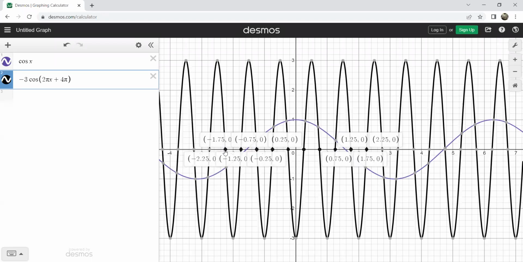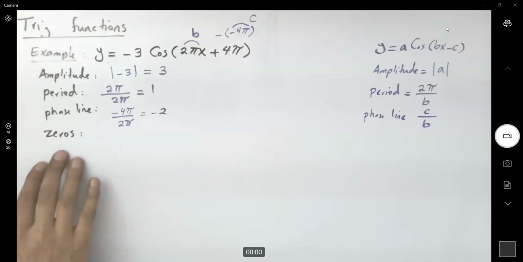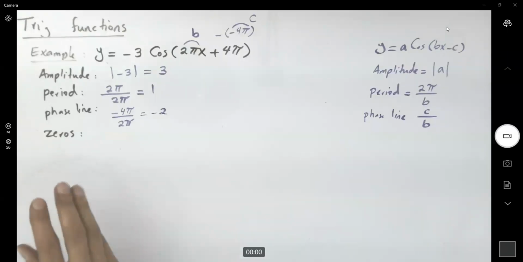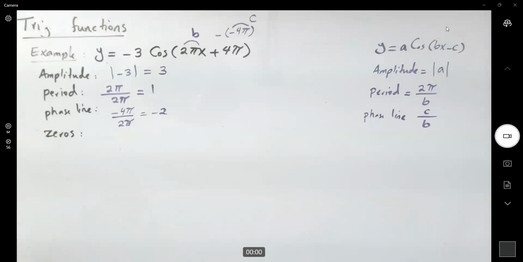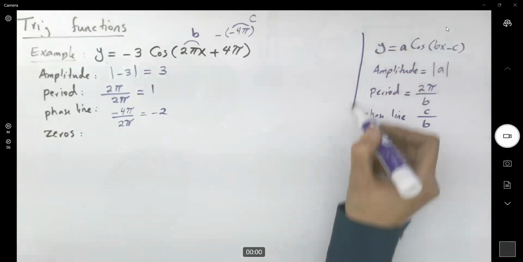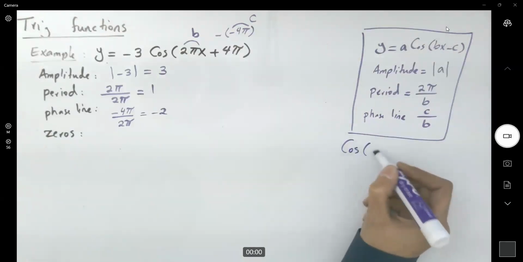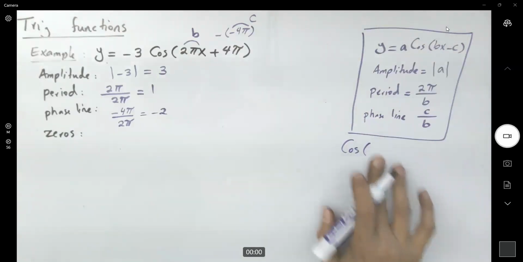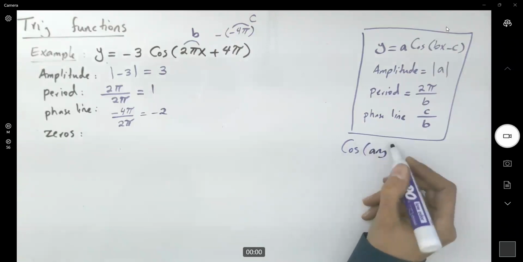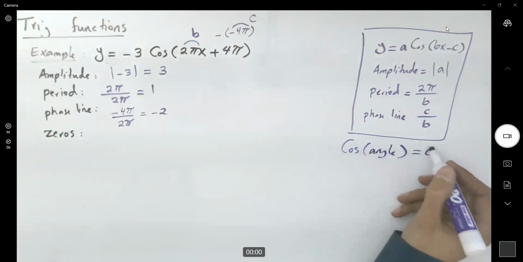But what is the algebra behind it? So how do I begin finding the zeros? Guys, in general, remember that cosine of an angle, whatever it is, cosine of theta, equal to 0.